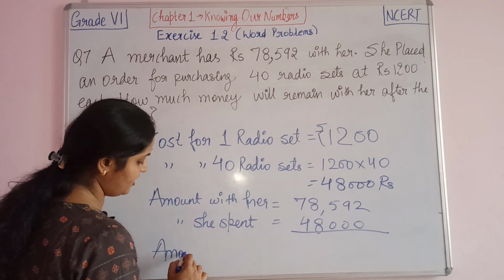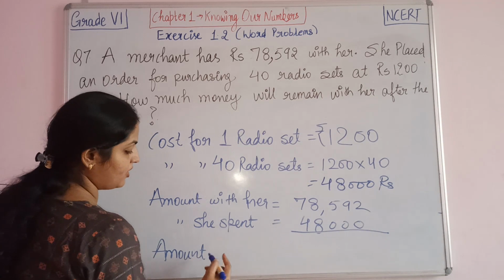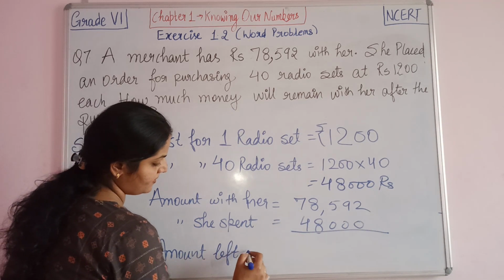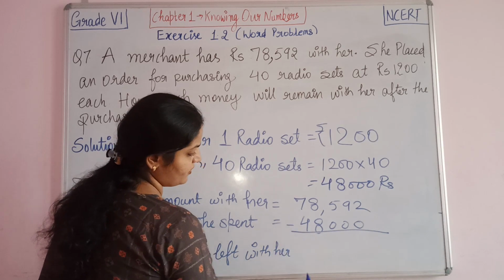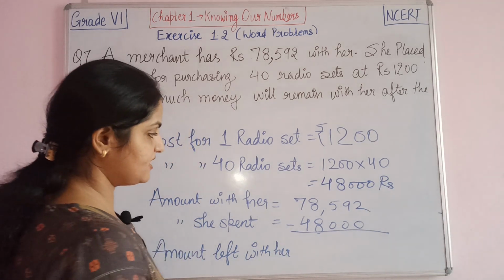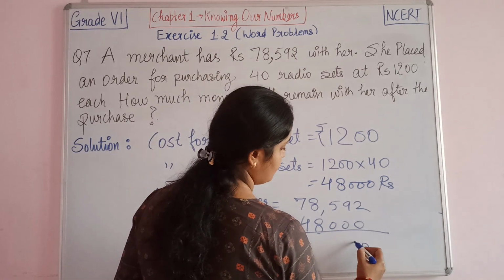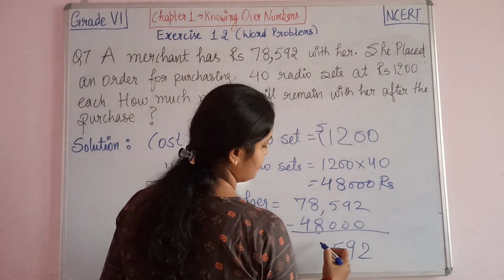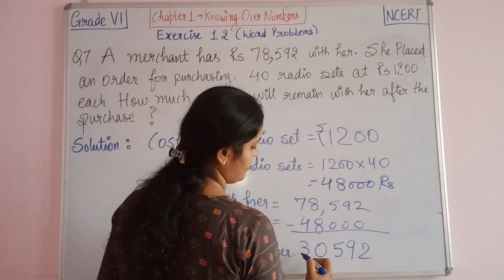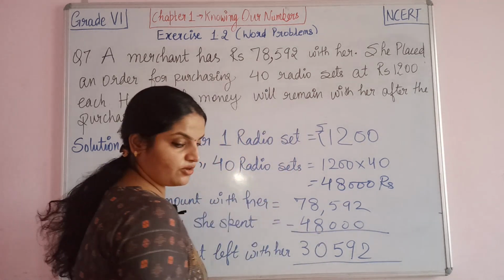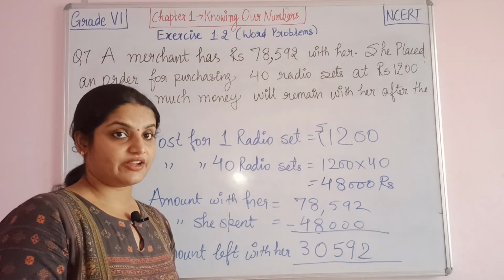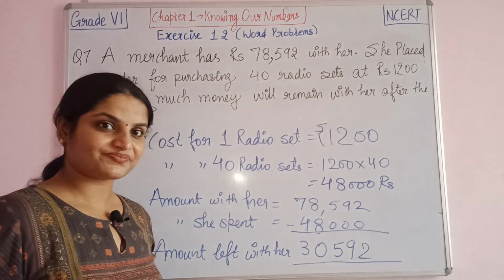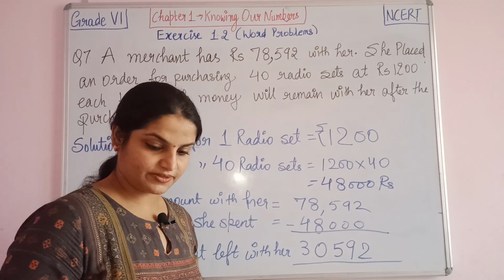We need to find the difference of the two. The answer will be simply 30,592, which is the amount left with her. I hope it's clear. Let's move on to the next question.